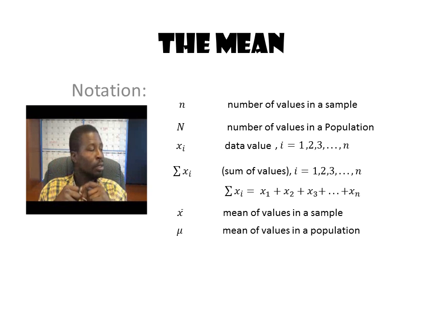So x bar is the sample mean, and mu is the population mean. If you're using lowercase n, which is a sample size, then you'll be using x bar, which is the sample mean. If you're using uppercase N, which is the population size, then you will be using mu, which is the population mean.